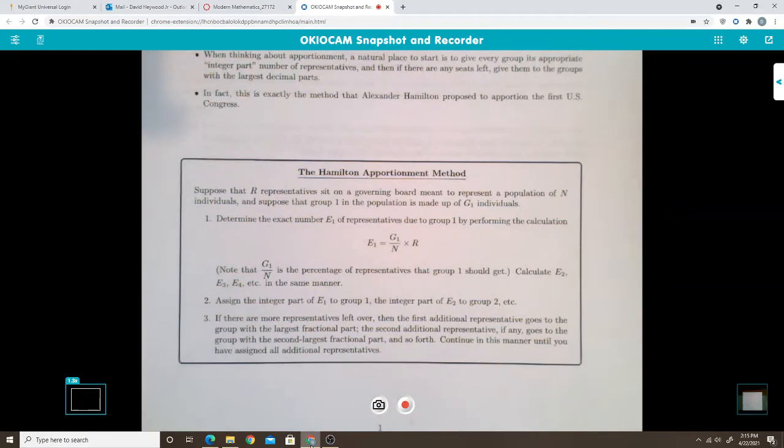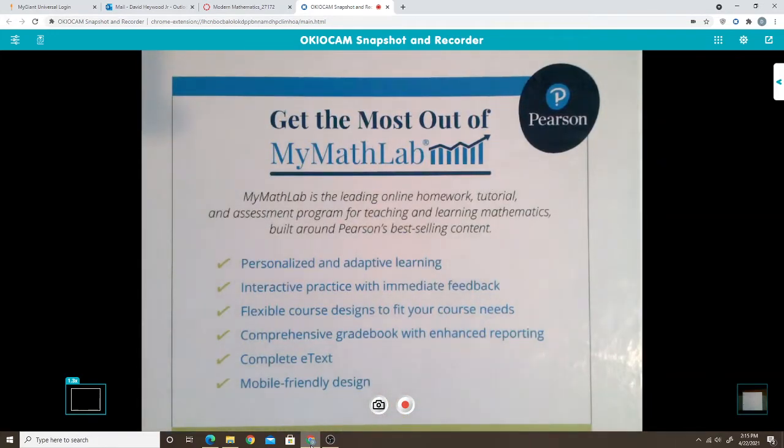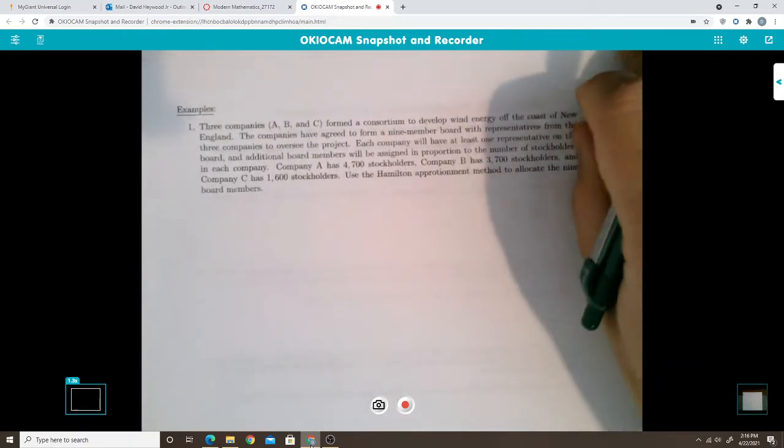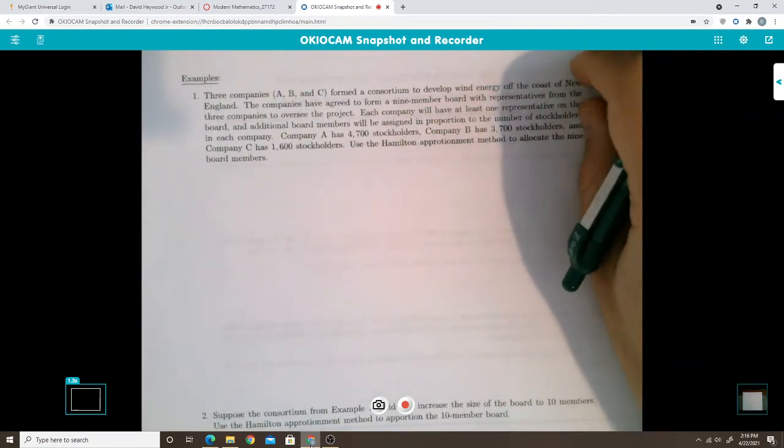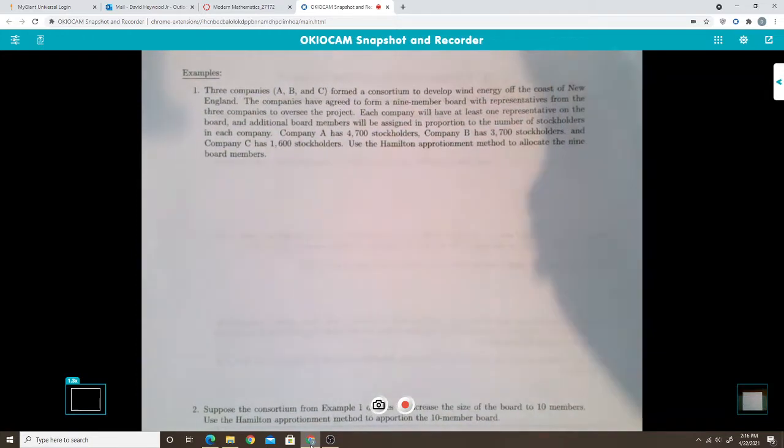Okay, so that's the Hamilton apportionment method. Let's do an example. So this first example says 3 companies, A, B, and C, formed a consortium to develop wind energy off the coast of New England. The companies have agreed to form a 9-member board with representatives from the 3 companies to oversee the project.